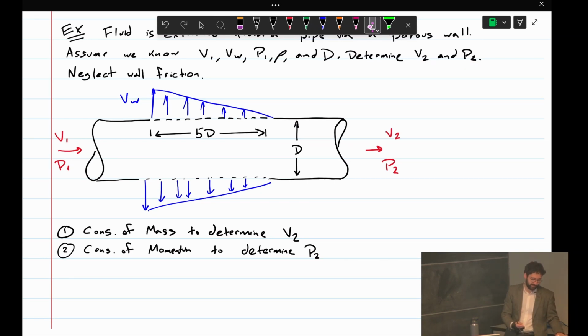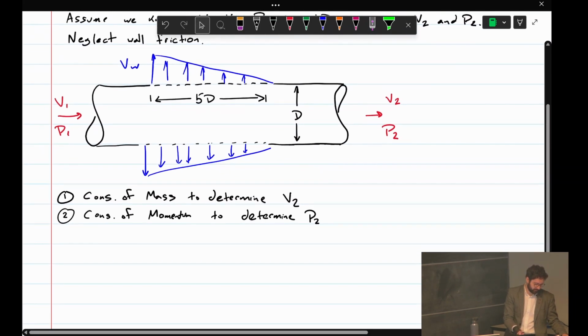These are basically the steps I've followed for all the conservation of momentum problems. It's because our pressures don't appear in our conservation of mass. Just like pressure doesn't appear in the continuity equation, pressure doesn't affect our conservation of mass. That's just the velocities.